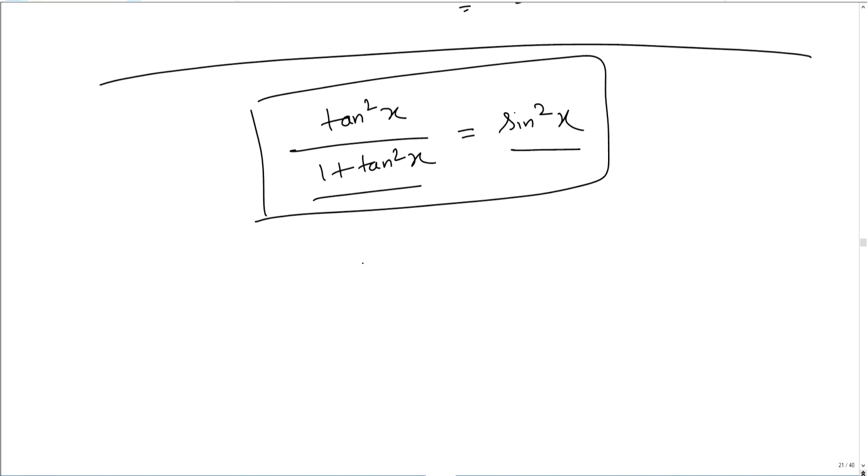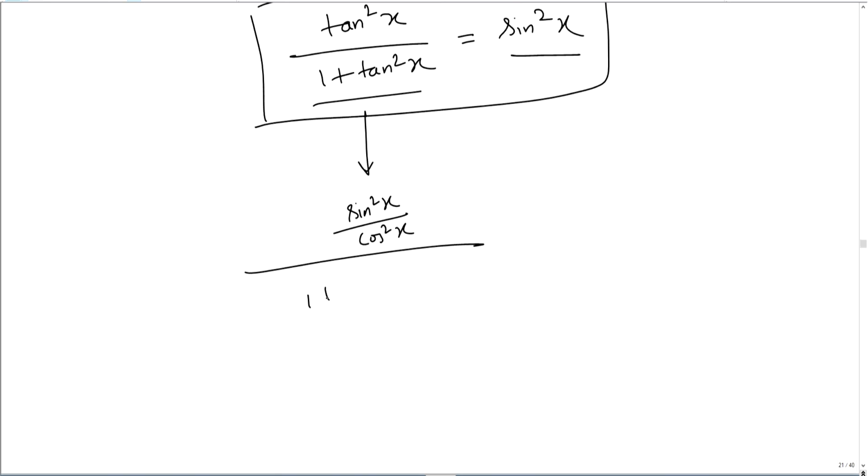So, we need to prove this is equal to sin square x. So, let us try to break tan square in terms of sin square and cos square, because you need to reach sin square. So, the LHS can be written as sin square x divided by cos square x, and this whole thing is divided by 1 plus sin square x by cos square x. Okay. Now, in the numerator, let us keep sin square x by cos square x.